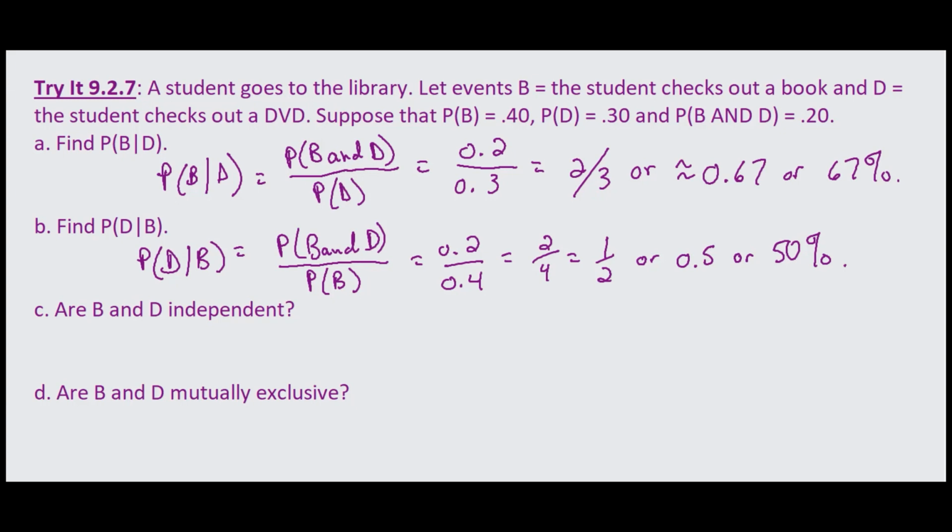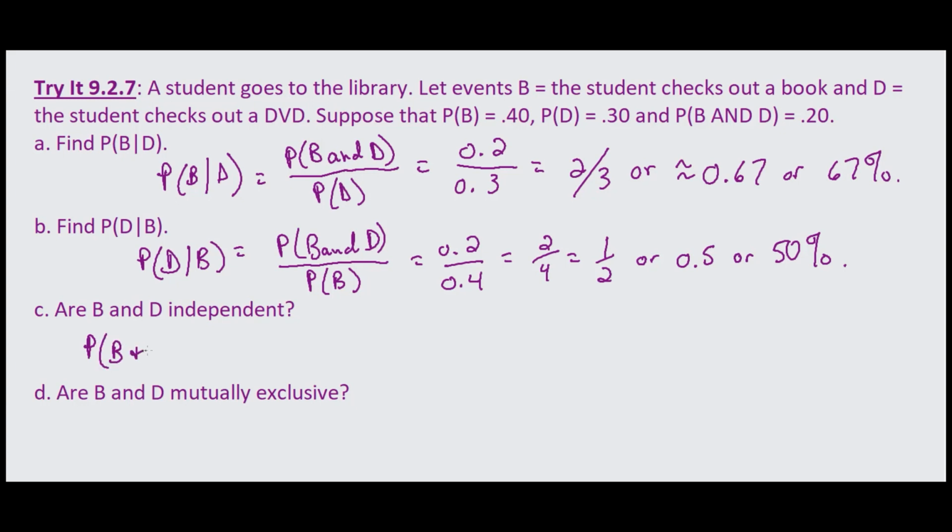Now there are several ways, if you remember, that we could go about checking if they're independent. We really know that they're already not independent because the probability of one given the other is not the same. Going one direction, it's 67%. Going the other direction, it's 50%.